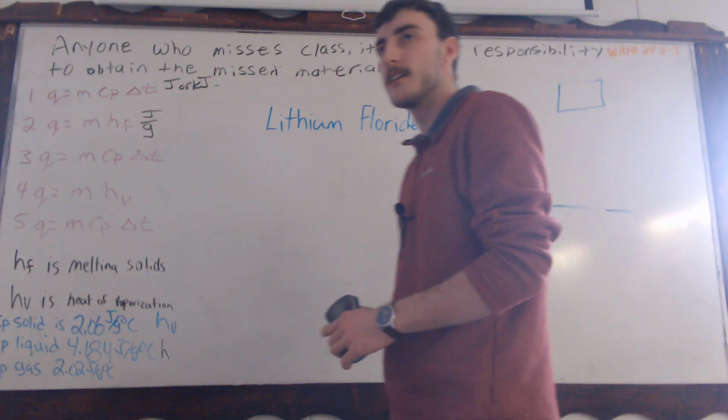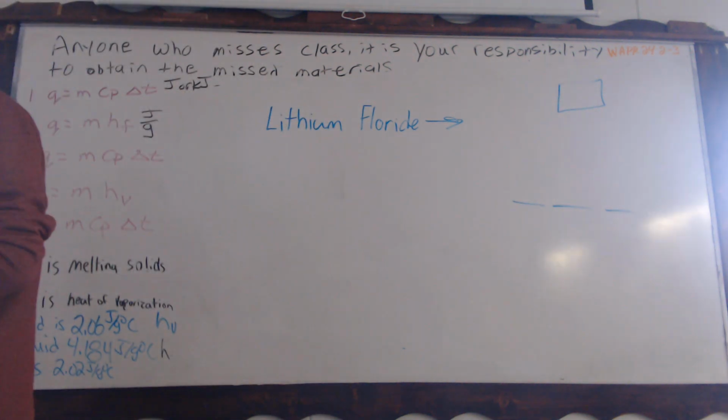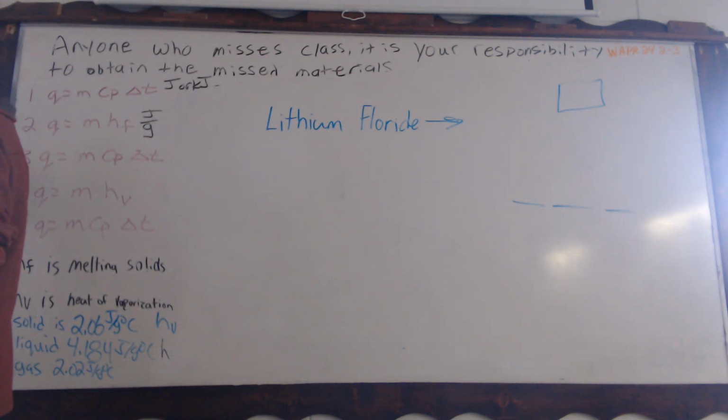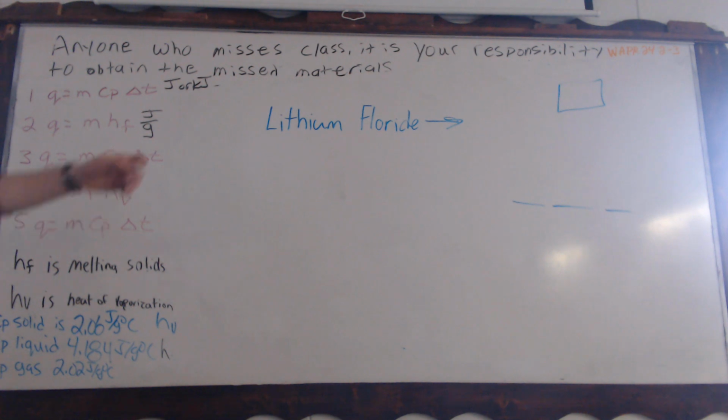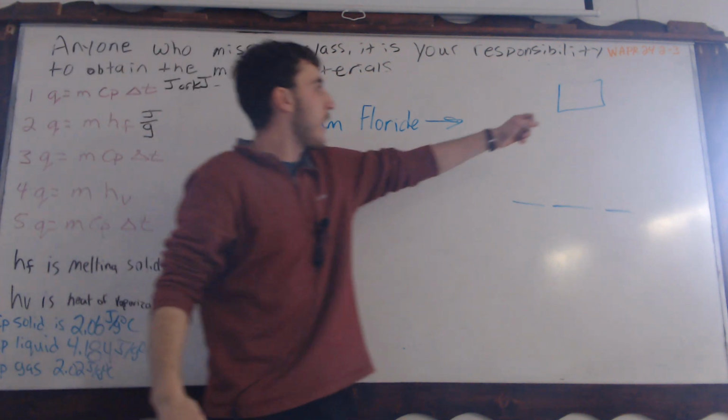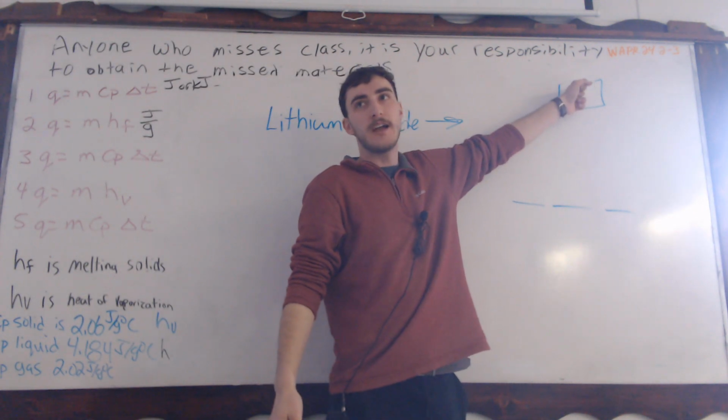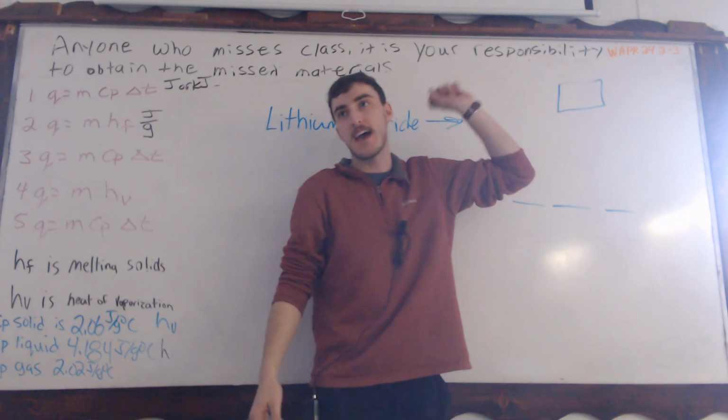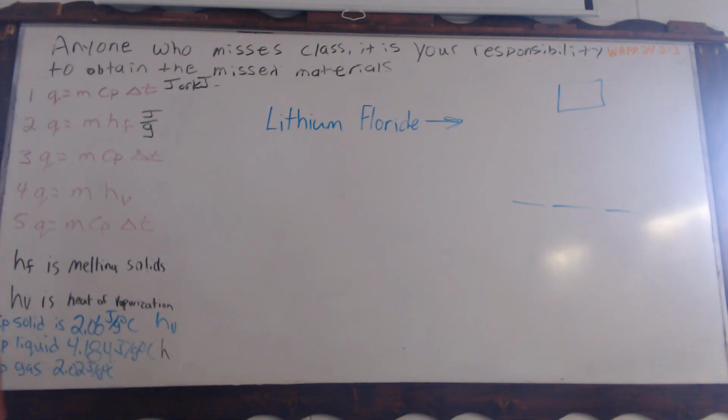All right, do this on your own. This reaction. And right here, I want you to put what kind of reaction in this box. What kind of reaction is happening here? We've talked about this before. Give it a shot. Do it on the board.